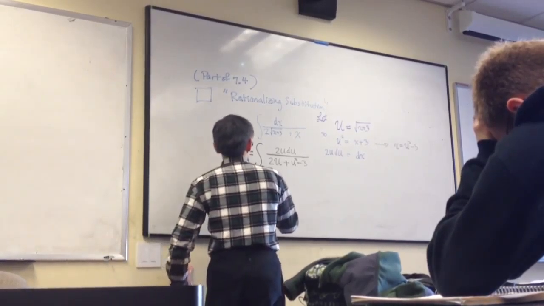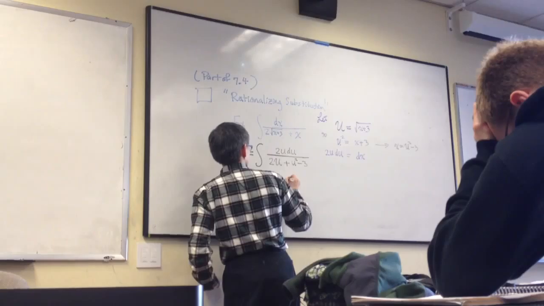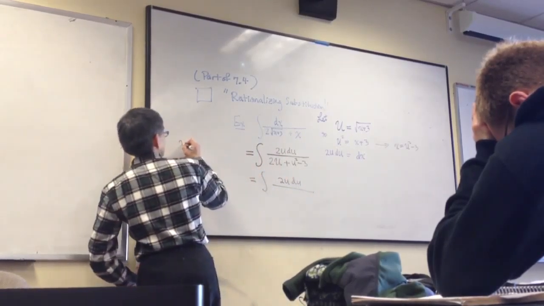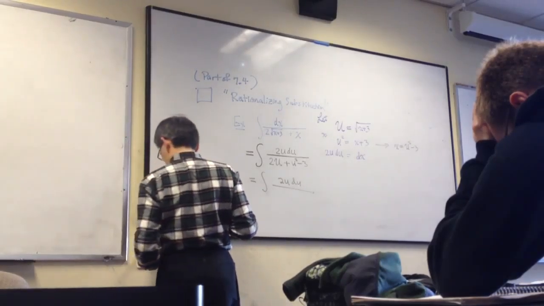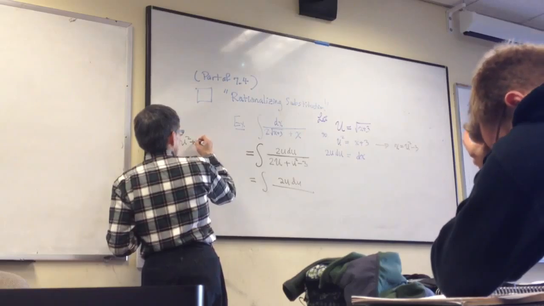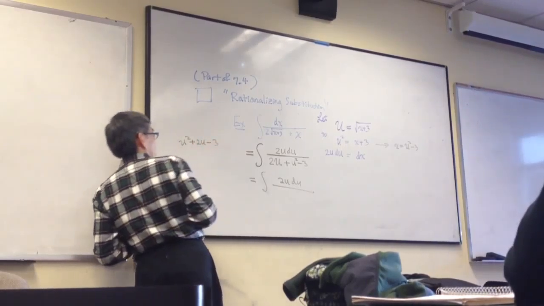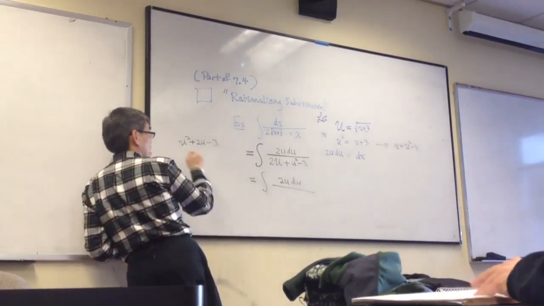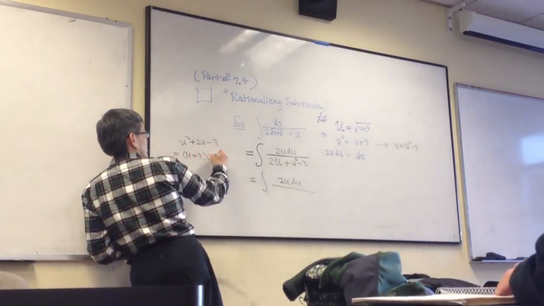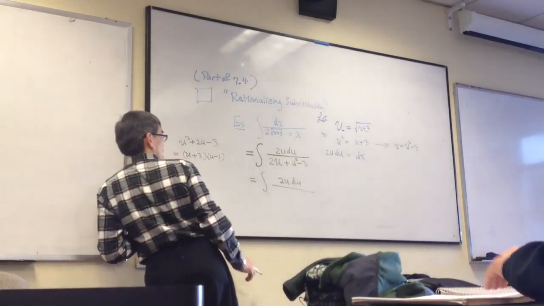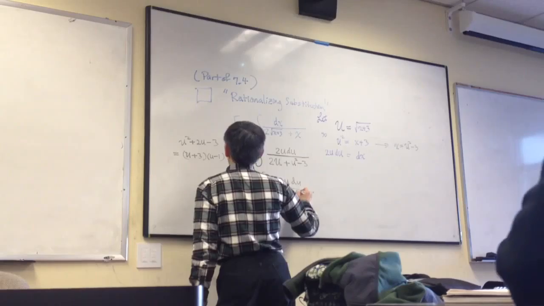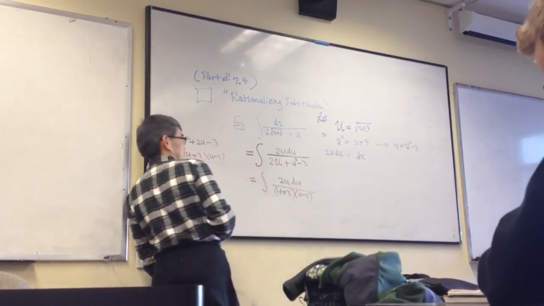So this one becomes 2u du, and then this one is u squared plus 2u minus 3, rearranging it. That's the denominator, and we can easily factor this one, correct? And so this becomes (u plus 3)(u minus 1) as the denominator.